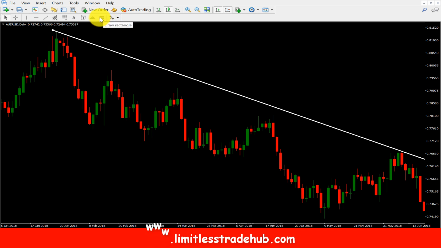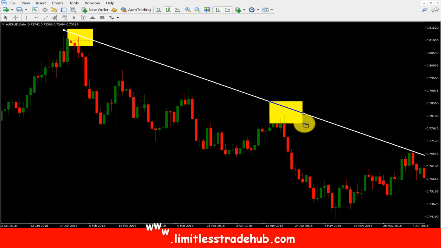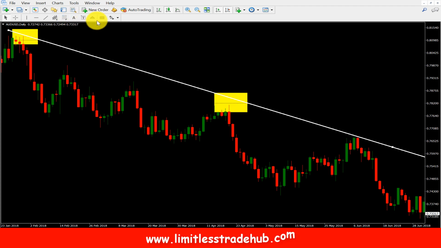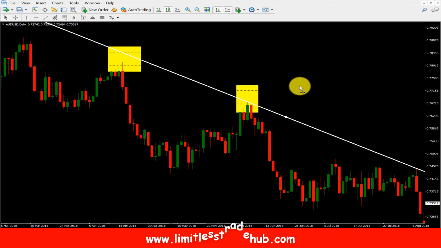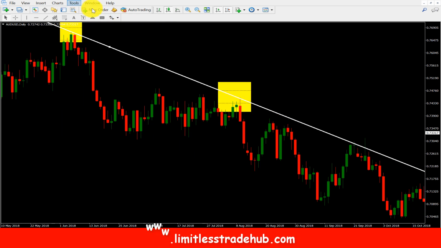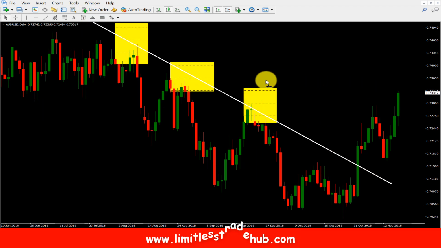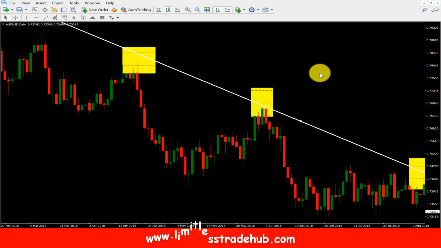If we just connect these points, as the market is not rocket science, we need to connect all clear touching or approximate touching points. So you can see how many times the market respected these trend lines, again and again.